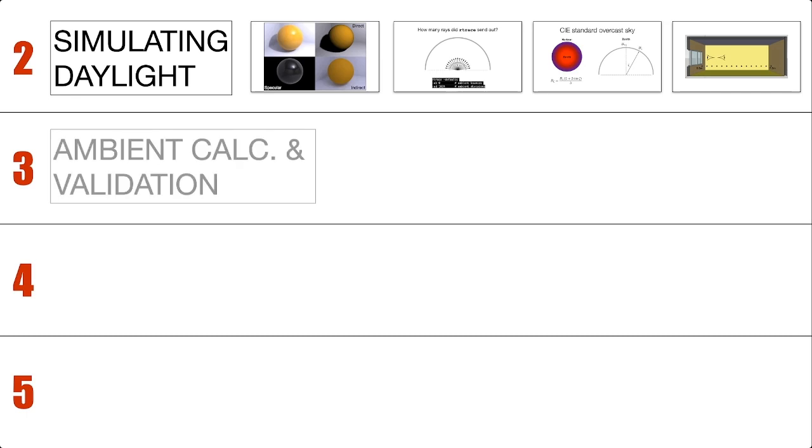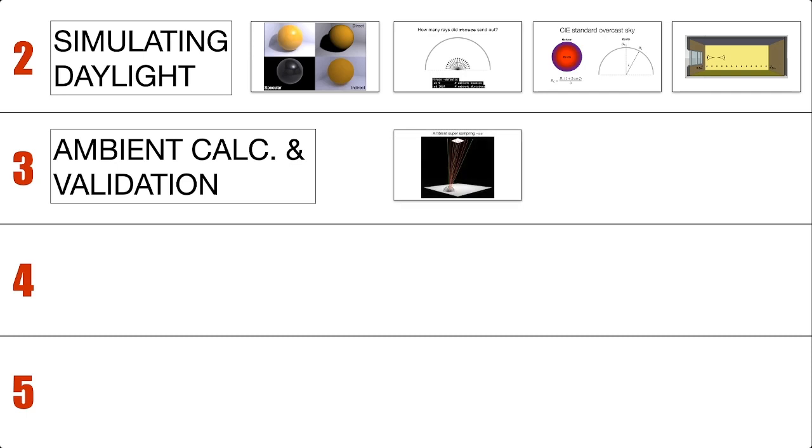And in submodule 3, we start to look in real detail at the ambient calculation and conclude with looking at how accurate Radiance can be with one of the keystone validation studies that was carried out on Radiance in the mid to late 90s.